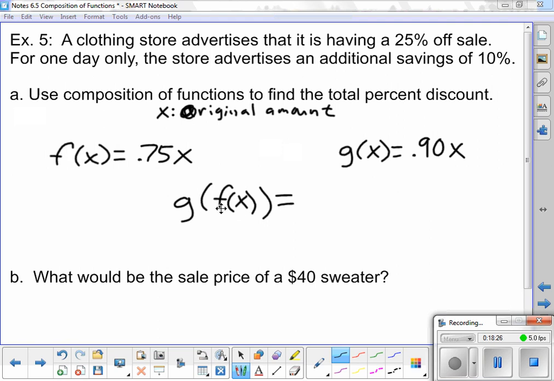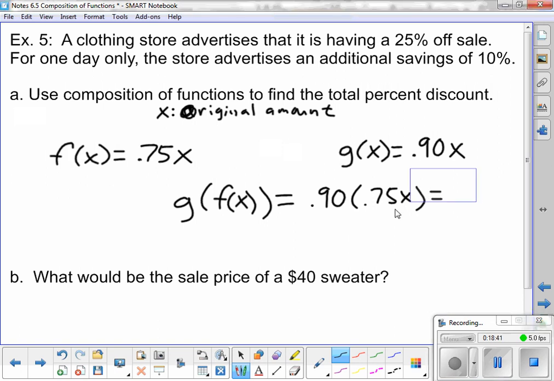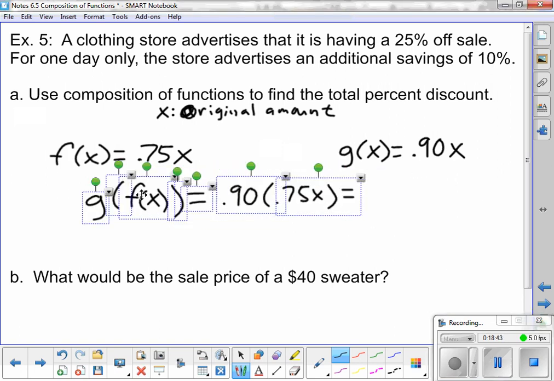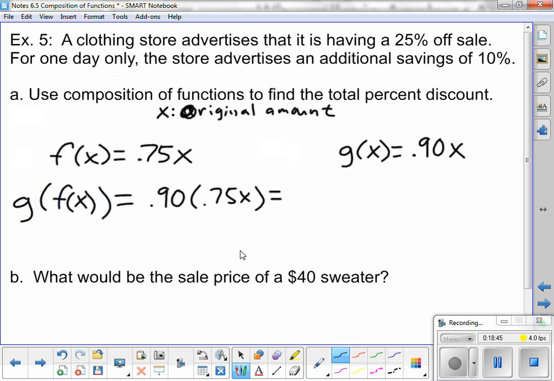Let's go ahead and figure out what this looks like. So g of x is 0.90, and then the x part is your f of x, which is 0.75x. Okay. Let me go get a calculator. Hold on. All right. So basically, you're going to take 0.9 and multiply it by 0.75 and get 0.675.